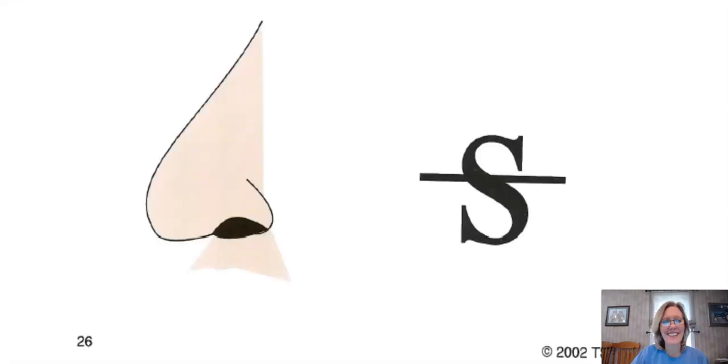And it gets red and sore if you're sick with a cold. So what would that be? A nose. Okay? And if you'll notice, we have to code an S that says Z, and we'll code it with a voice line. And so, you know how we do a voice line on digraph TH when it's voiced? Well, S can get a voice line if it's voiced, as in the word nose. All right, so we had a little bit of new learning there, didn't we?